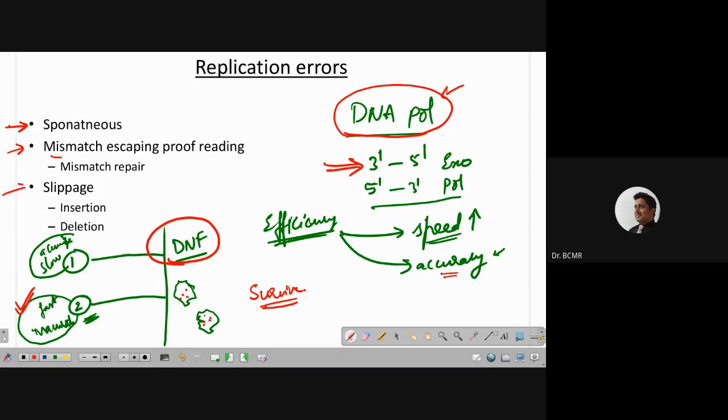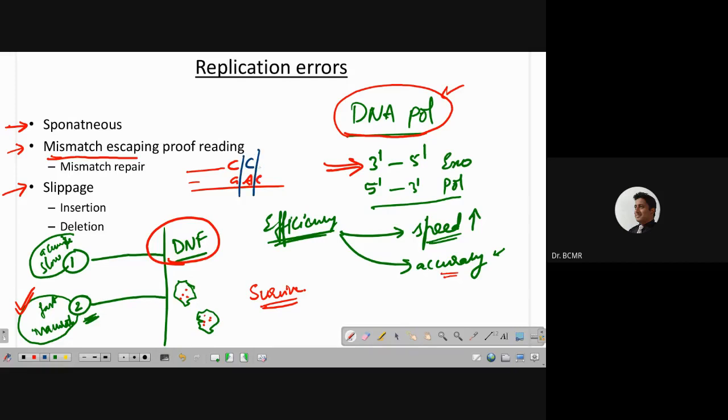By the way, what is a mismatch? If there is a GAC template and the DNA polymerase has been adding, here it should typically add C. And in the next base, it should add T. But if it added a C again, that is a mismatch, right?